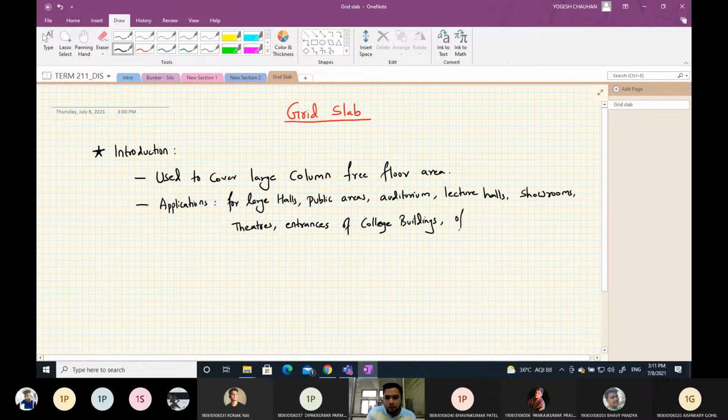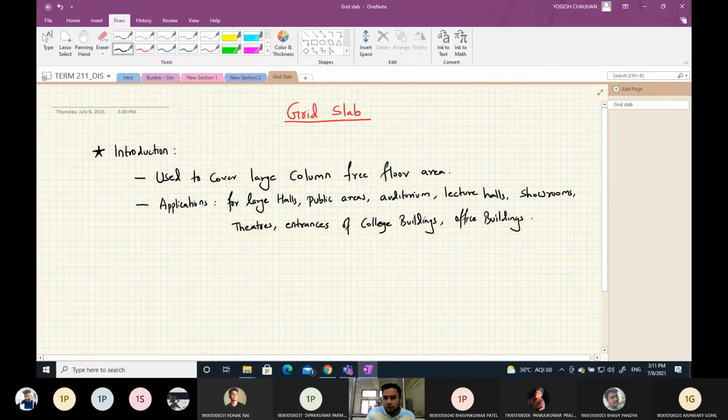Office buildings near the reception area, where the large area is required. In office buildings also you would find such slabs.